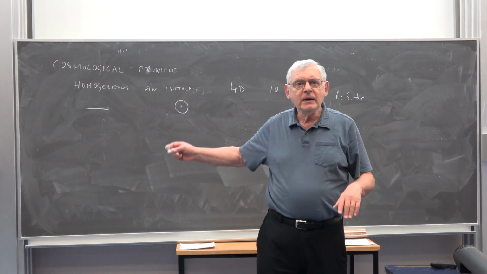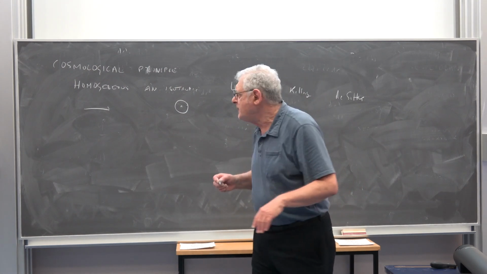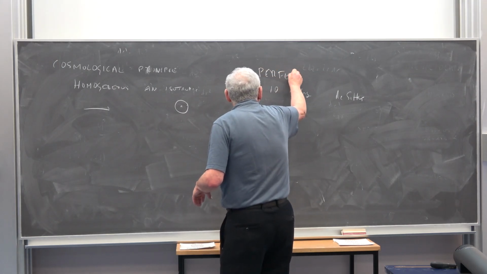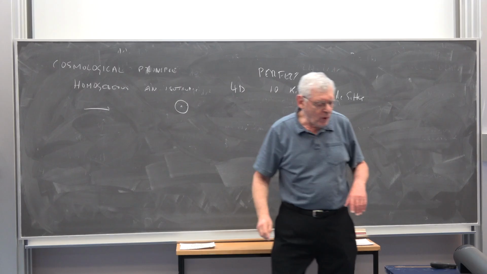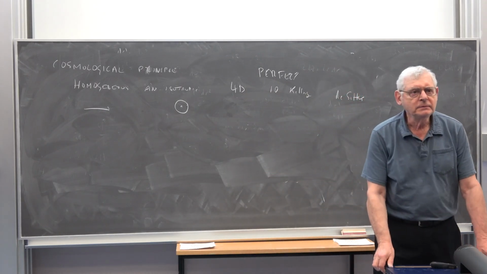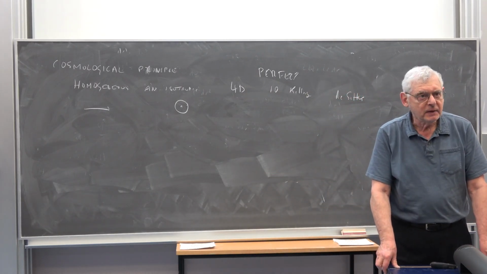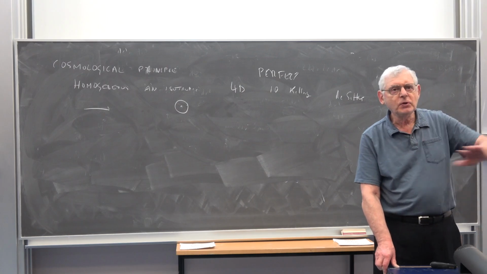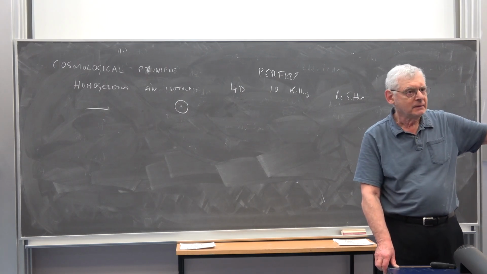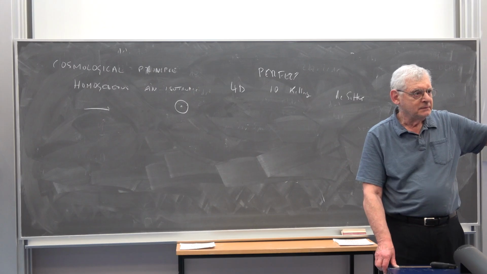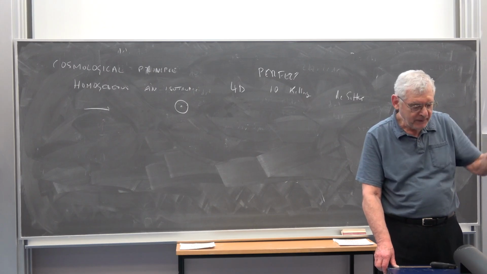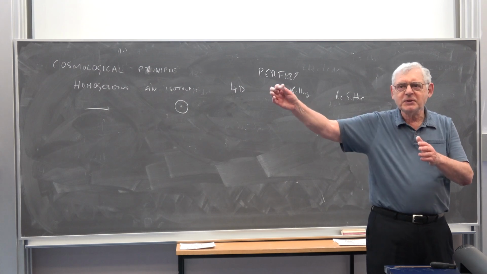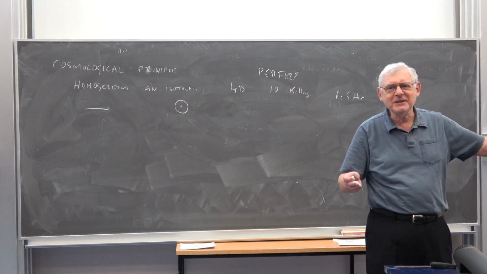The theory that used this cosmological principle, and that one is called the perfect cosmological principle, was initiated by Hoyle, and it's called the steady state theory. Its nice feature is that it's a universe which does not have a beginning, which in a sense is rather nice, because we don't think the universe should have an end, so why should it have a beginning?